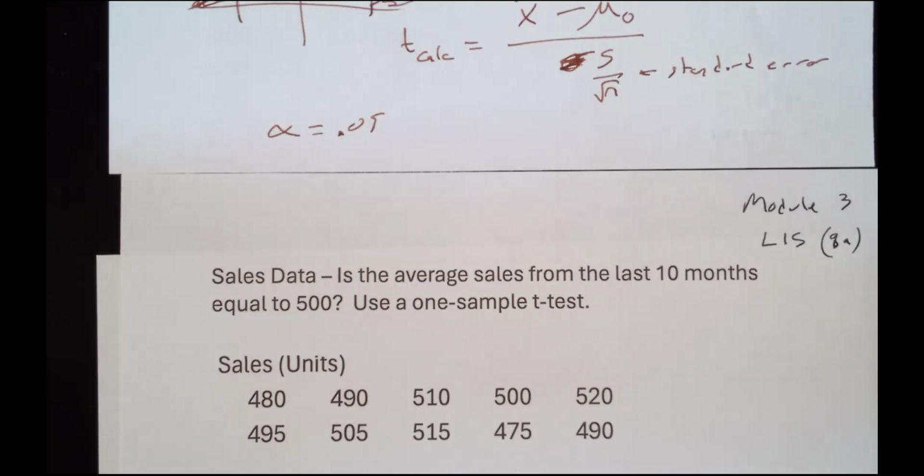So what we need to do is put this data into a spreadsheet as a single column. And then I can go through and figure out all of these values. I can have Excel do all the work for me.